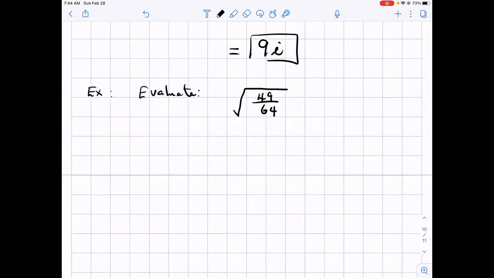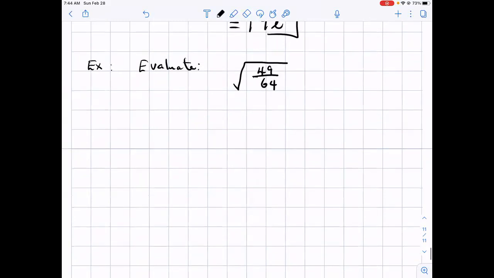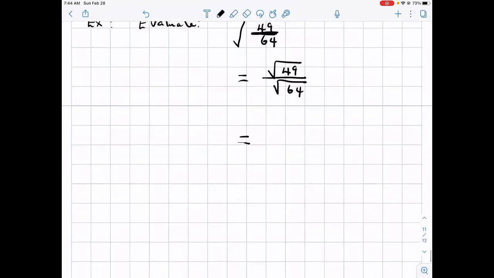Keep in mind, since all of this is under the root, it's the same as the square root of 49 over the square root of 64. And we know the square root of 49 is 7, and the square root of 64 is 8. So here we have 7/8.